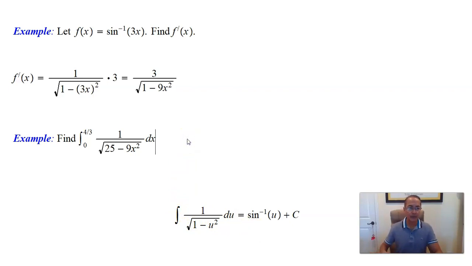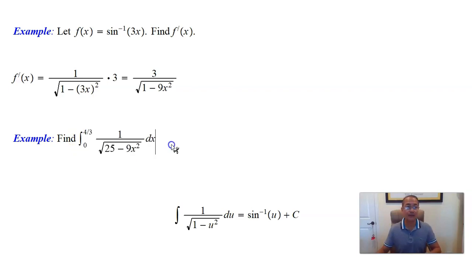Okay, so the main problem here, though, is that to make this formula work, I need a 1 as the constant inside the square root. The problem is that we don't have 1, we have 25, right?